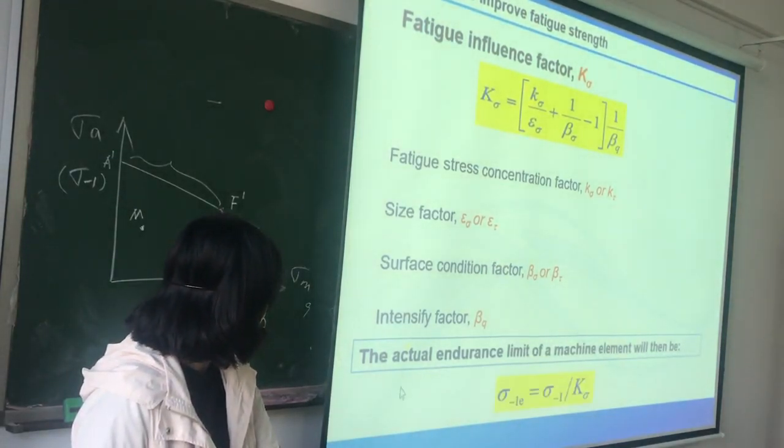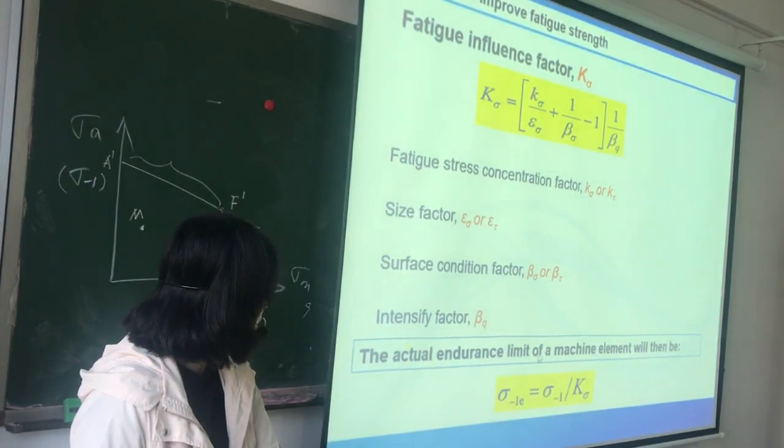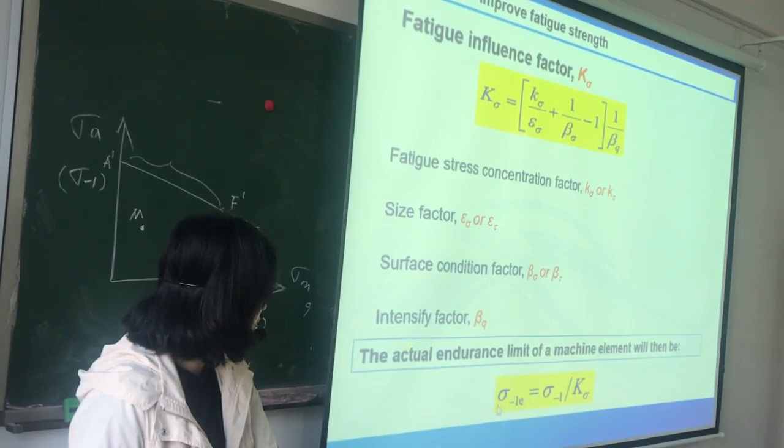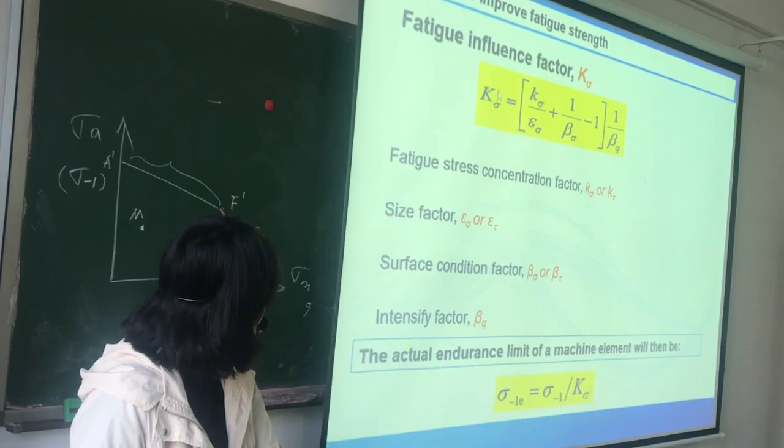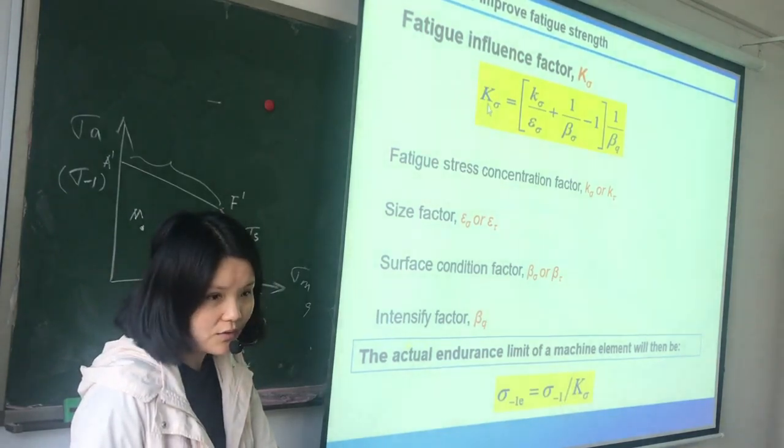So the actual endurance limit of a meshing element, sigma minus 1e, equals sigma minus 1 divided by the fatigue influence factor.